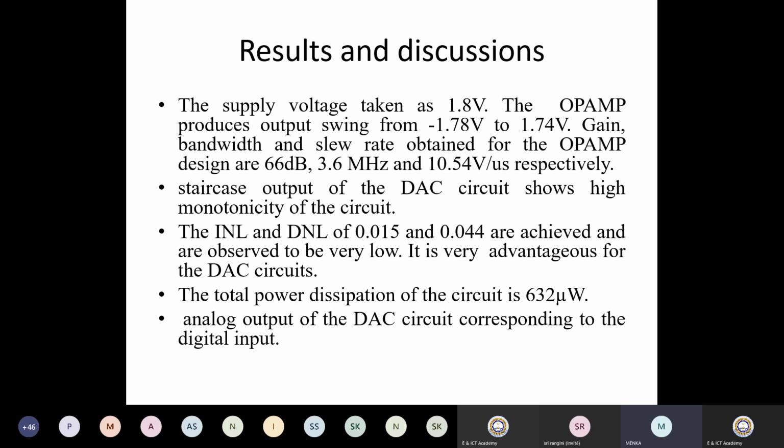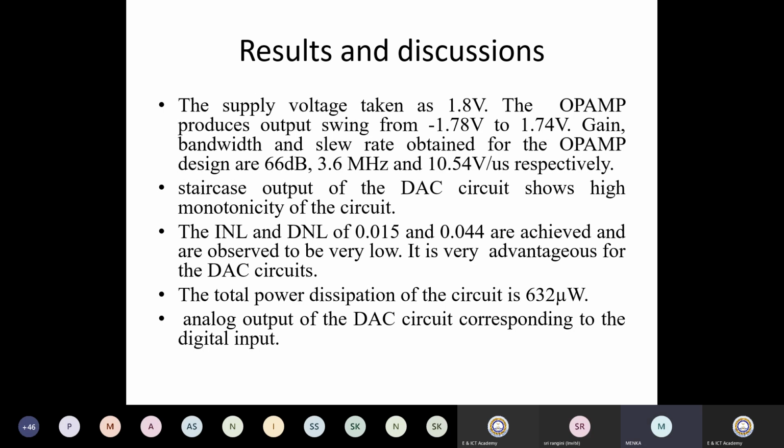Otherwise, it might be possible that corresponding to a lower bit you are getting a higher value, but corresponding to a higher bit set you are getting a lower value. Then it is not monotonic. If it is not monotonic, you are in big trouble, and in that case DNL and INL will also be very large.